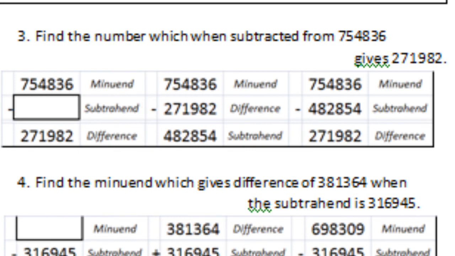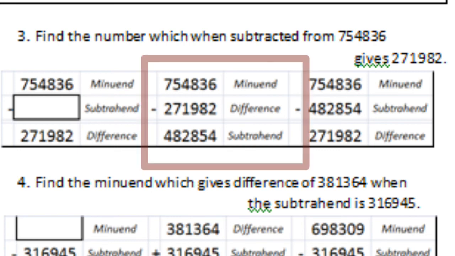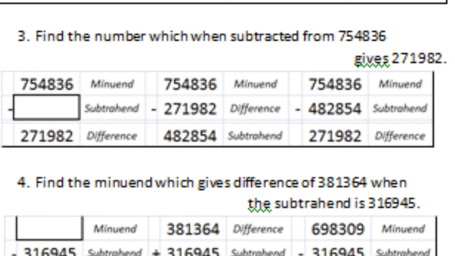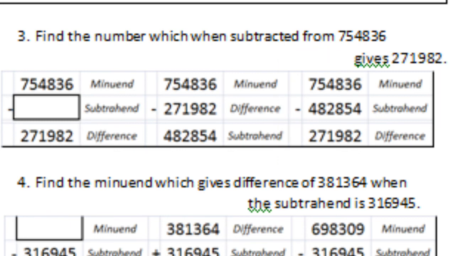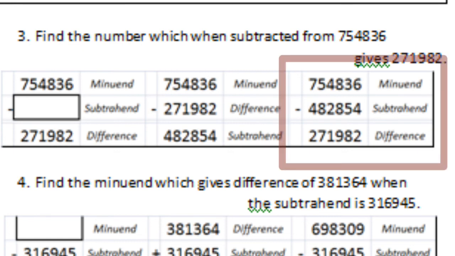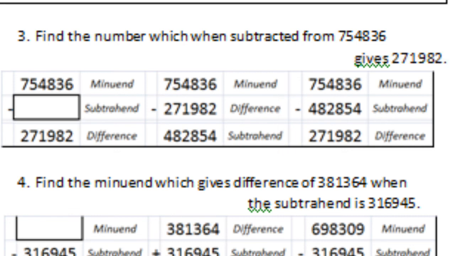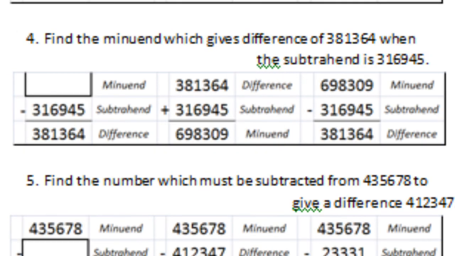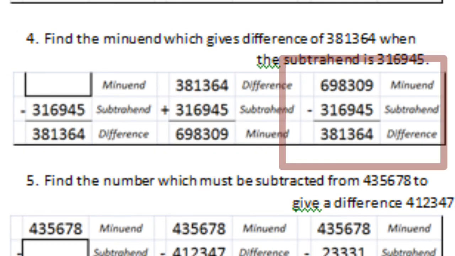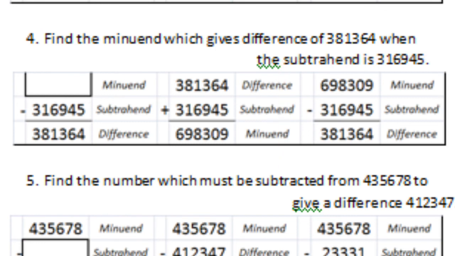So the answer is 4,82,854. Okay. So when we subtract 4,82,854 from 7,54,836, it gives 2,71,982.